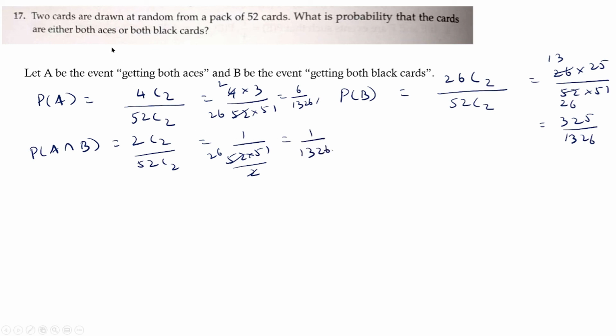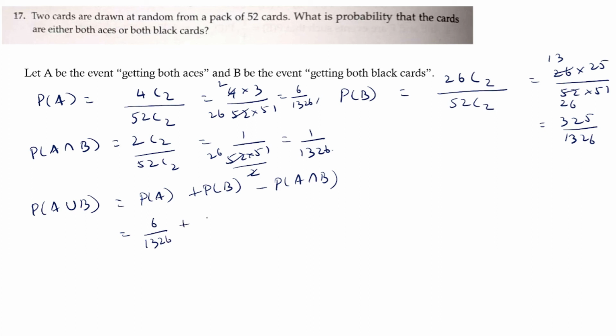Now we need to find probability of A union B. Probability of A union B will be probability of A plus probability of B minus probability of A intersection B. So it is equal to 6 by 1326 plus 325 upon 1326 minus 1 by 1326. So the LCM is same.